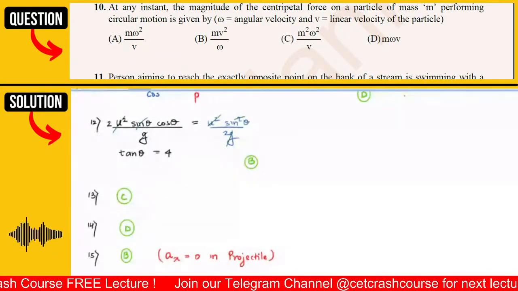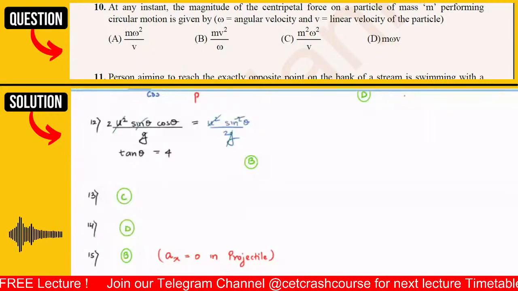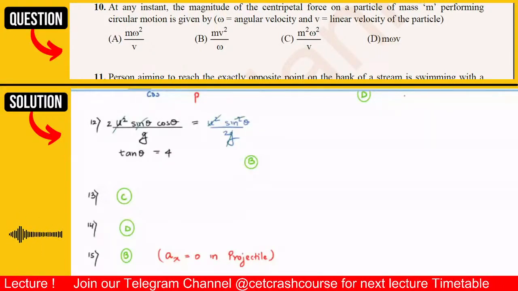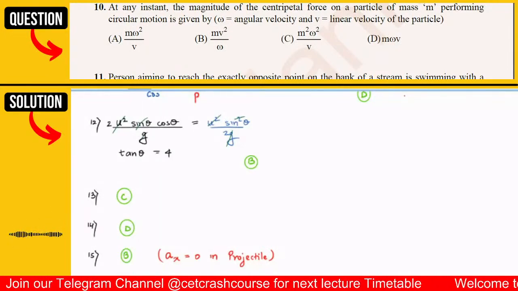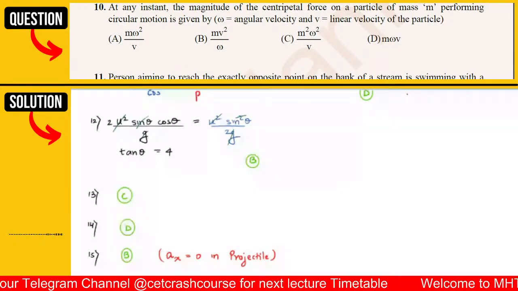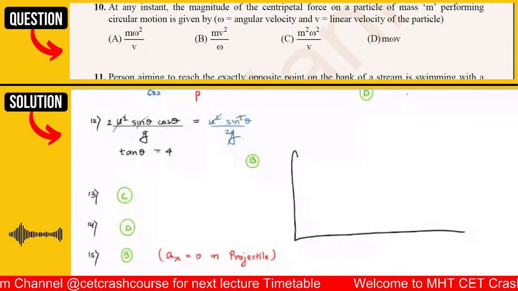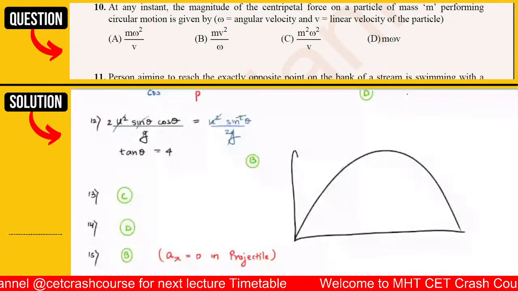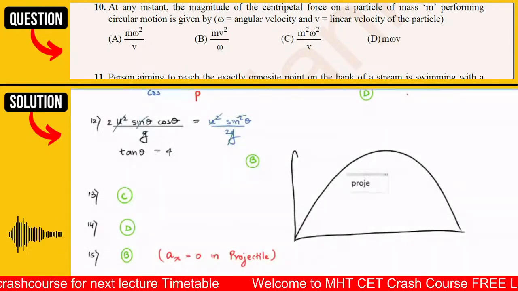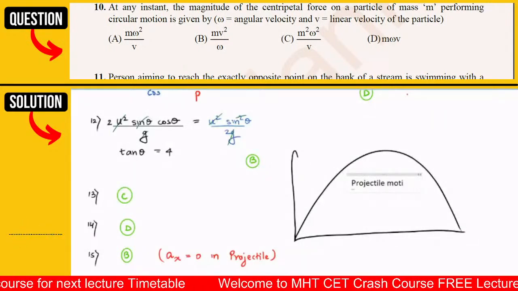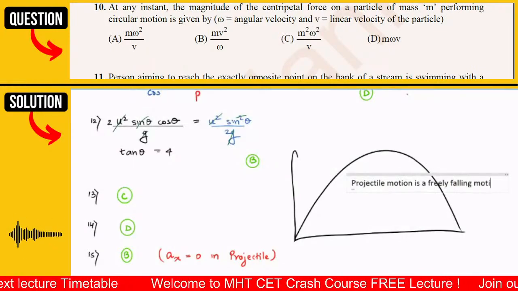Students, I am very much surprised that you are not able to recall the basic concepts of projectile motion. I am very much stunned. See, in 15th question also, the basics of projectile motion says that projectile motion is a freely falling motion.